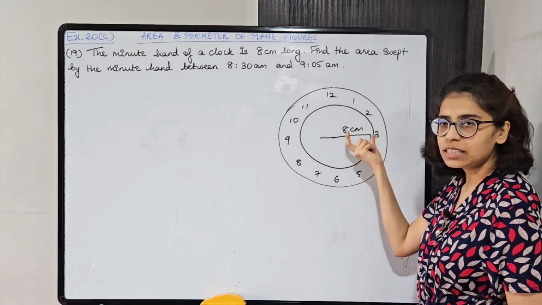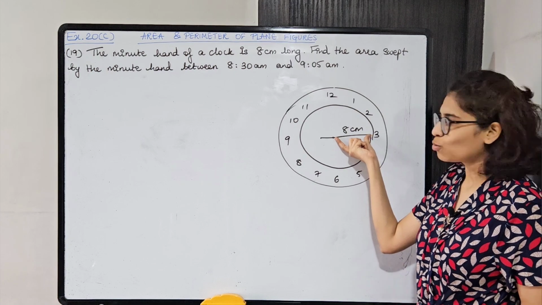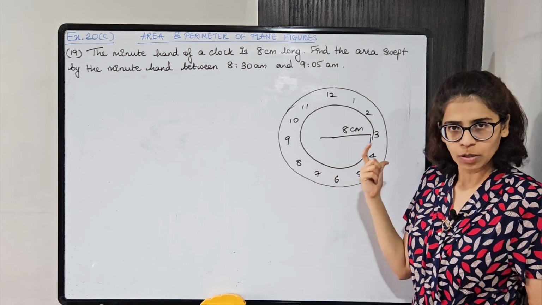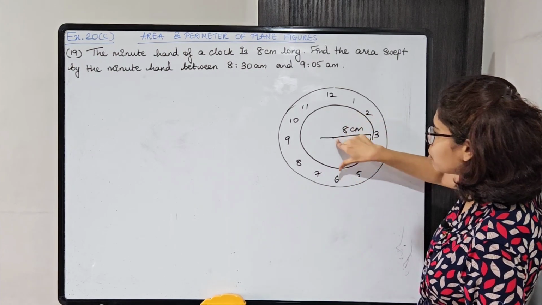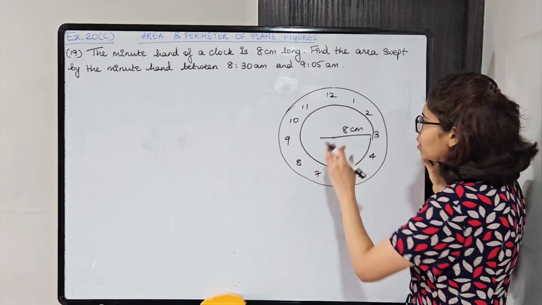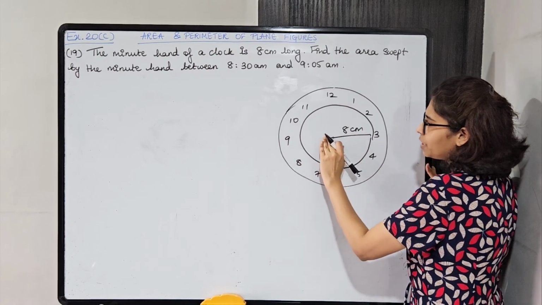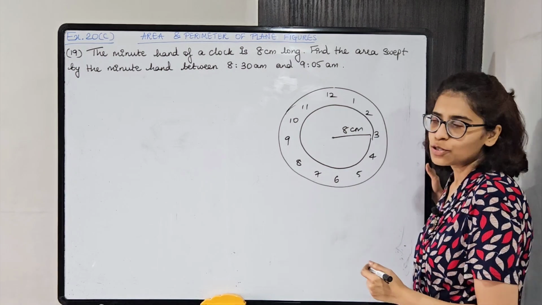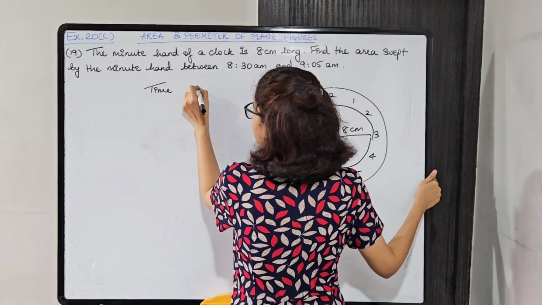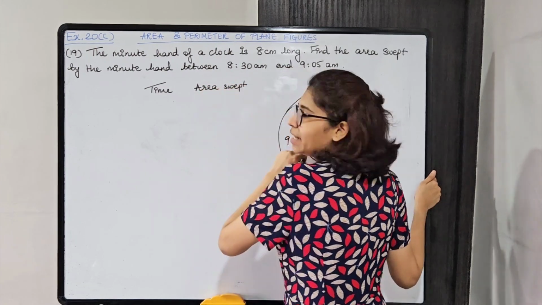Okay, and कितना circular portion? जितना उसका length है उतना, है ना? So this length is acting as a radius over here. Okay, so it is going to cover the circular portion of this much part. Alright, तो ये पूरा circle इतना cover करेगा in 1 hour. So I can say time and area swept are related.